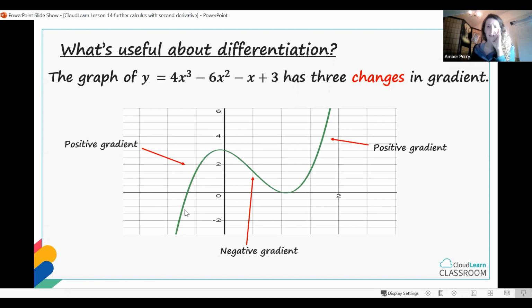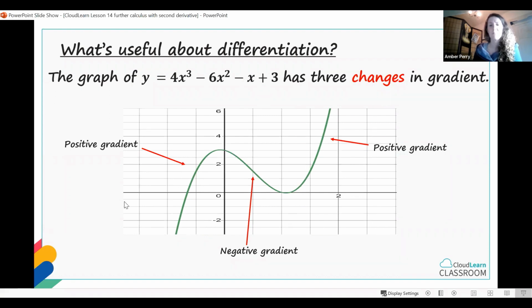Questions in exams could ask you, and it's rare at GCSE really, A-level a little bit more they would, to point out where on the graph the gradient is positive and where on the graph the gradient is negative, and it's really important you can do that. So you can look at the graph and see where that is.